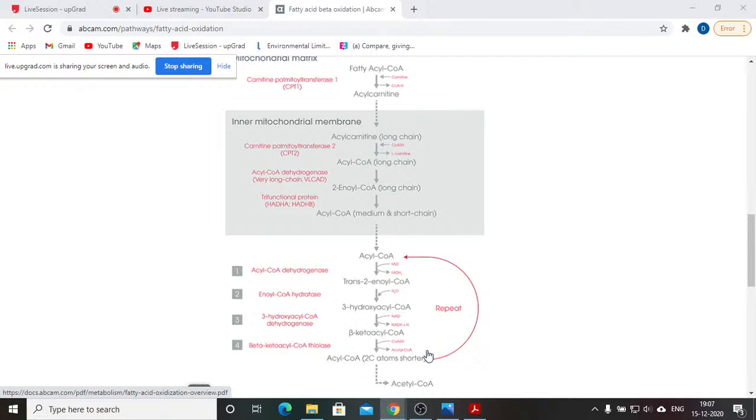So there will be 8 sets of 2 carbon acetyl CoA. If there are 8 of them, then the cycle must repeat 7 times, because in the last there will be 2 carbons left, that is acetyl coenzyme A, which won't be broken down anymore.